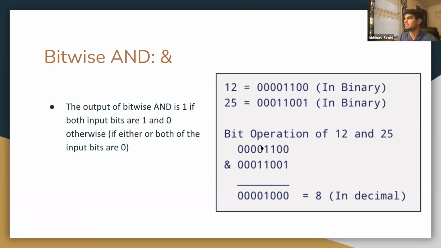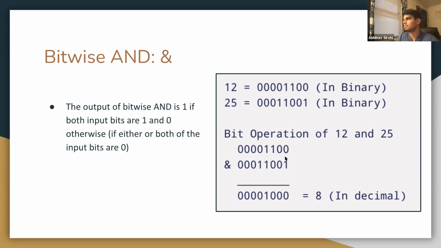We have an example here, which is the number 12 in binary here and the number 25 in binary. We can perform a bitwise AND on the 2 numbers. When we do that, we go bit by bit, starting from the least significant bit here. So let's compare 0 and 1.